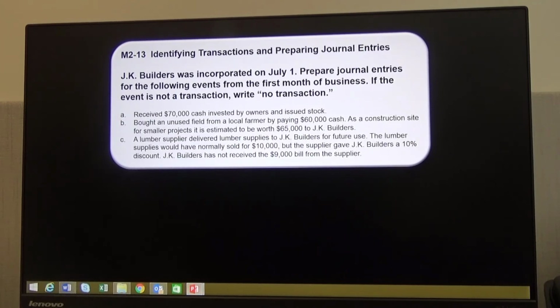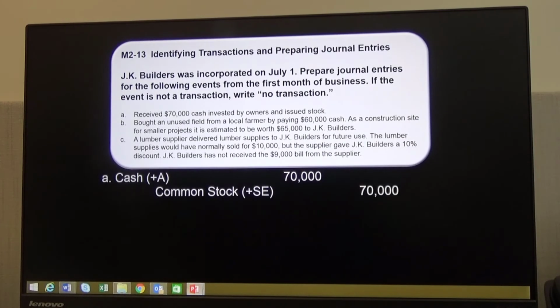The first one, letter A, says received $70,000 cash invested by owners and issued stock. So we're basically trading ownership in the business for cash that the stockholders are giving to us. That is an accounting transaction because it affects cash, which is an asset, by increasing it, and it also affects common stock, which is an equity account, and it's increasing it.